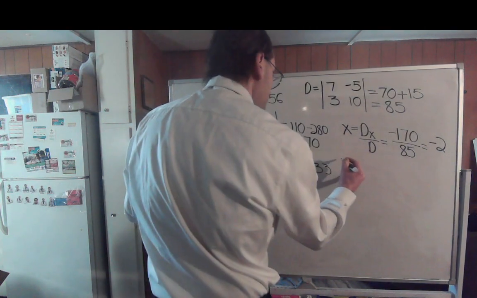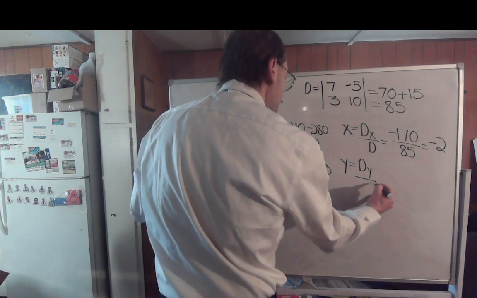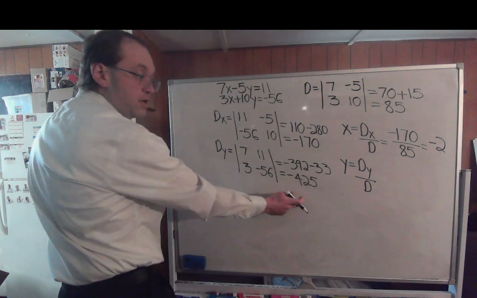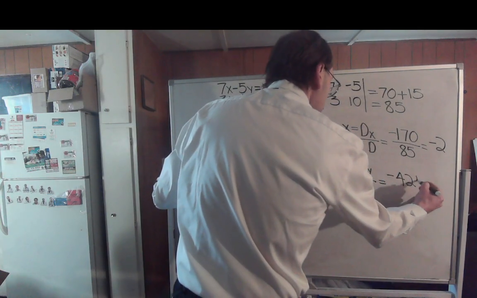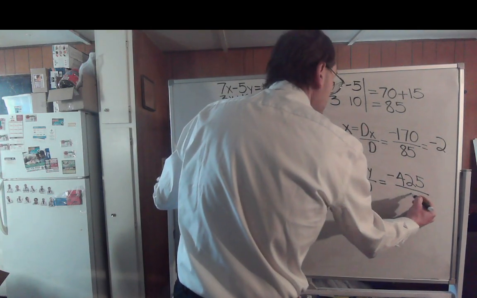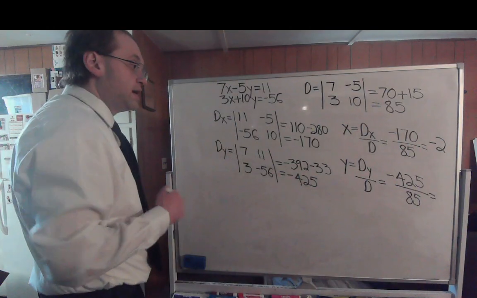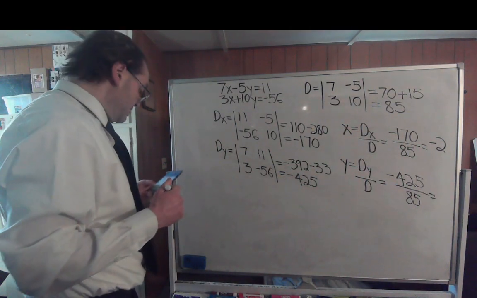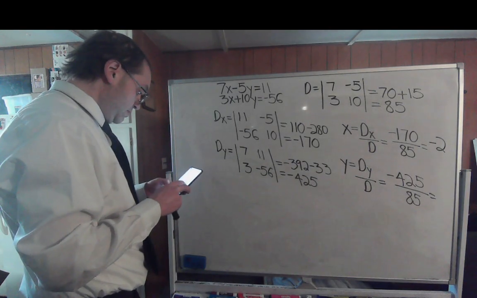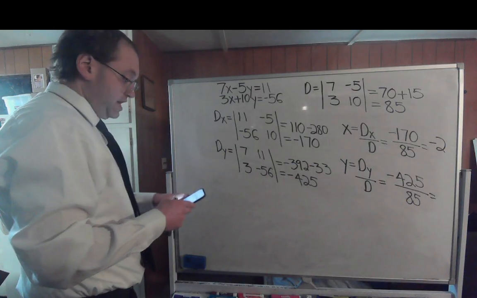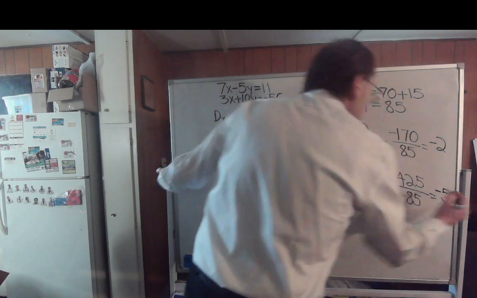Now let's go ahead and find y, which is going to be that d sub y divided by that d. D sub y has a value of negative 425, and then the d itself has a value of 85, which should give us a result here for y. So let me figure out what the heck that is. That would end up being negative 5. So y ends up being negative 5.